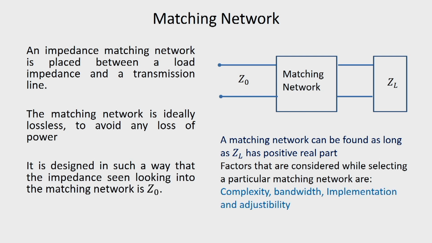These factors are complexity, the matching network should be very simple; bandwidth, it should offer sufficient bandwidth, the matching should remain valid over a wide band of frequencies; implementation, it should be easily implementable; and adjustability, because in certain cases, particularly when the load is variable, the matching network should provide some adjustability with the variable load.